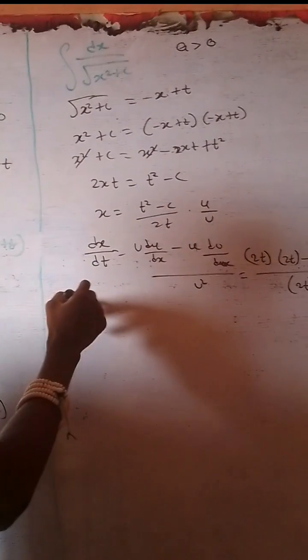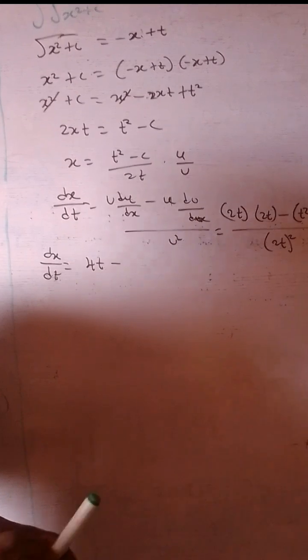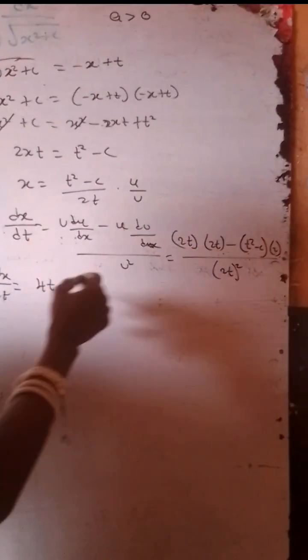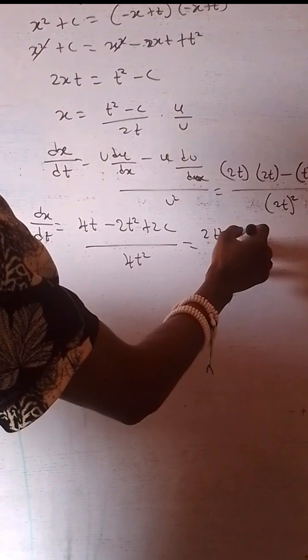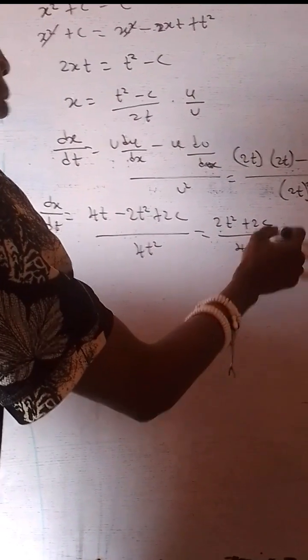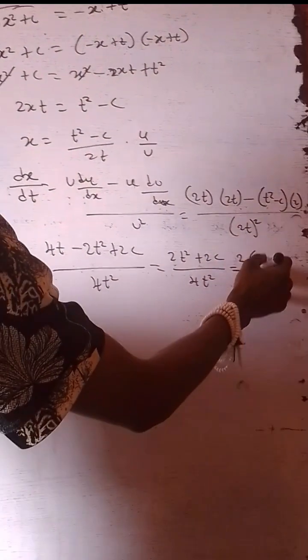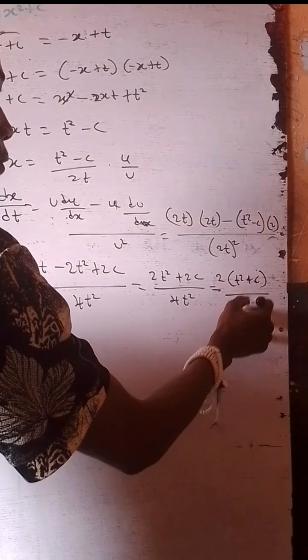Then moving on, our dx over dt would be equal to 4t squared minus 2t squared plus 2c over 4t squared, right? Then moving on, this will give us 2t squared plus 2c over 4t squared. Now you can put 2 inside a bracket: 2 into bracket t squared plus c over 4t squared.